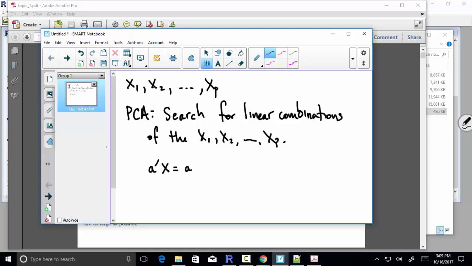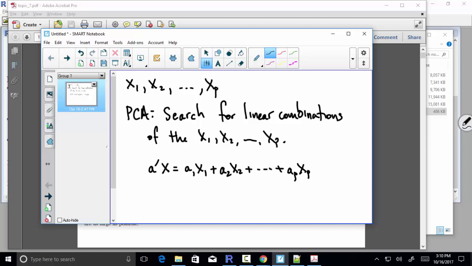That would be a constant times variable 1 plus a different constant times variable 2, and so on. So a linear combination of the p variables turns the p variables into just one variable. Because I take all p of them, I add them up with these coefficients, and now I have just a single number instead of p numbers.